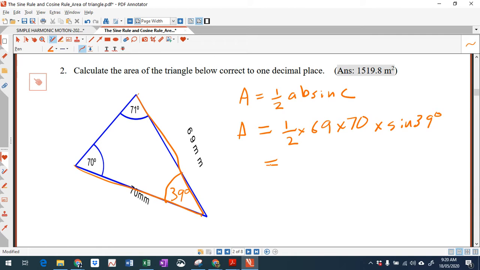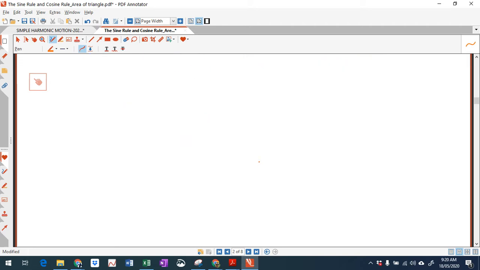Okay, so that's 1519.8. So one decimal place. Millimeters squared. Okay. All right, so that's area of a triangle.